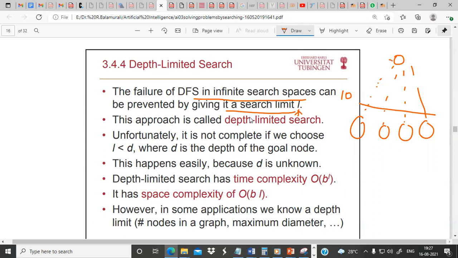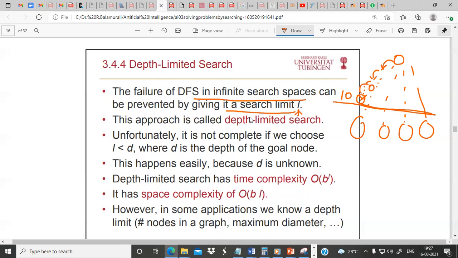The depth first search goes like this. First it checks the root, then its left child, then its left child, and so on. It will go up to the 10th level. It will assume the nodes at the depth of 10 as leaf nodes. After reaching a leaf node at depth 10, and after making sure that this is not the goal state, it will backtrack.